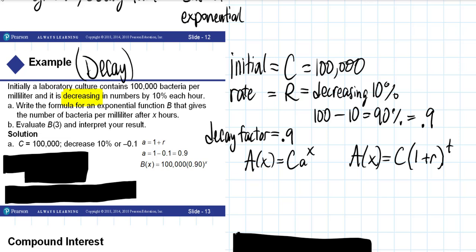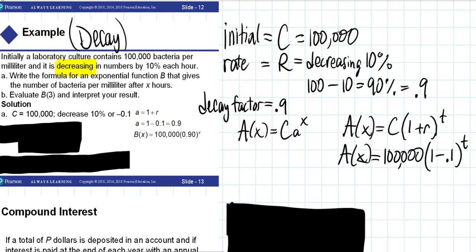Okay, in this case, we're talking about time, so we can use that if we wanted. So you would say A of x equals 100,000 times 1 minus 0.1, which we've already done that calculation. Hang on a second. Oh, I'm so sorry. I did say A to the x.